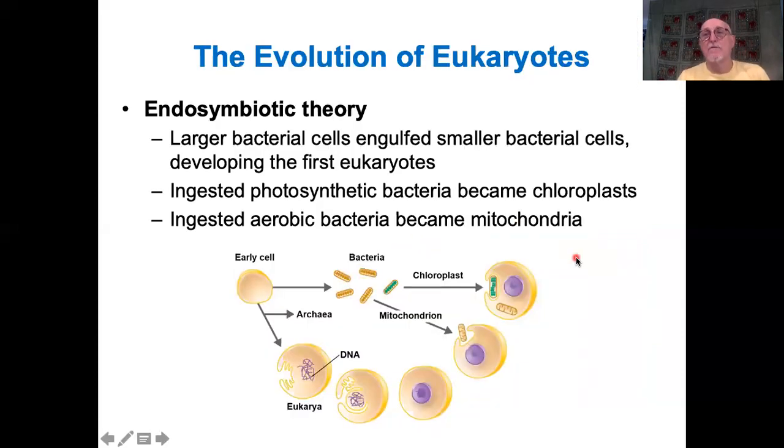Okay, so I've mentioned twice now, in the case of mitochondria and in the case of chloroplasts, these very strange facts that these organelles possess their own chromosome. Their chromosome is circular. They have their own ribosomes, and they make some of their own proteins.